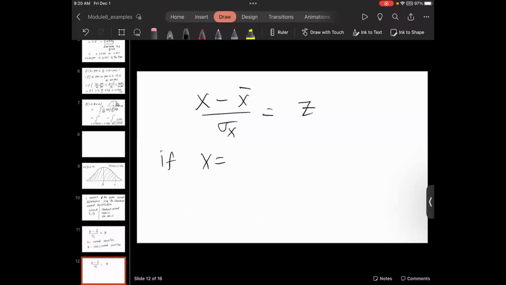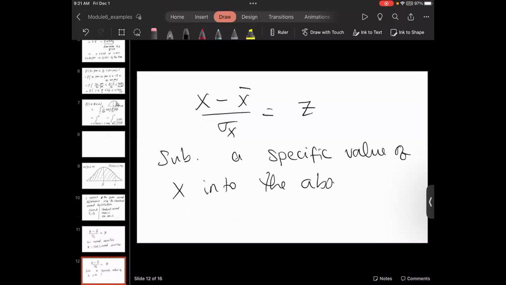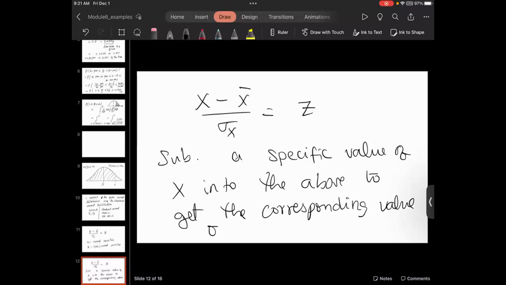If x equals some value, substitute a specific value of x into the above to get the corresponding value of z. Simple.